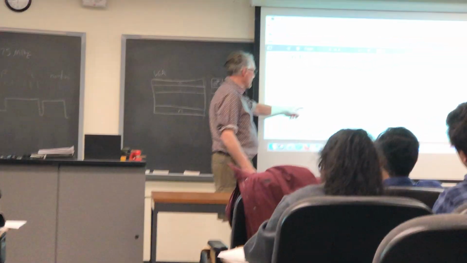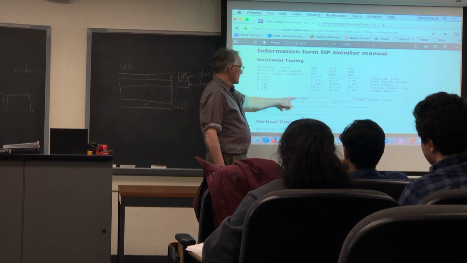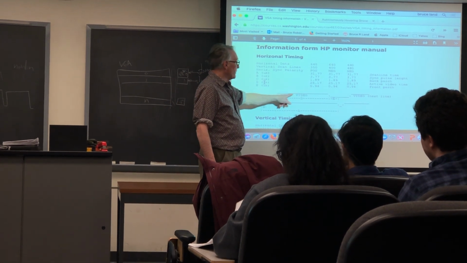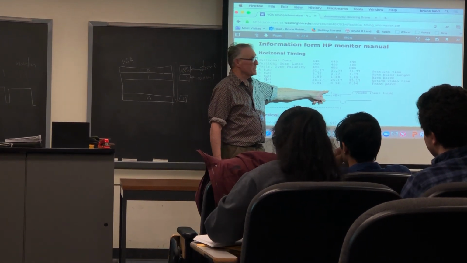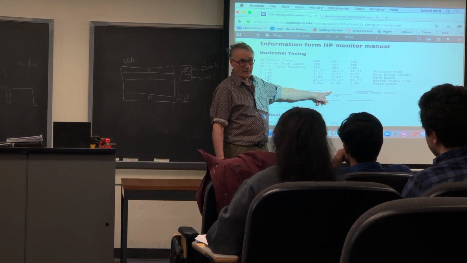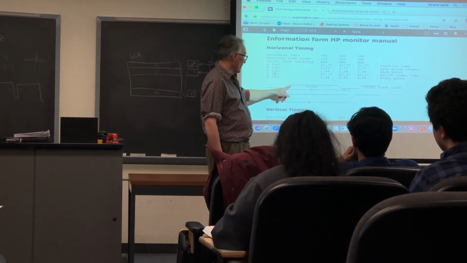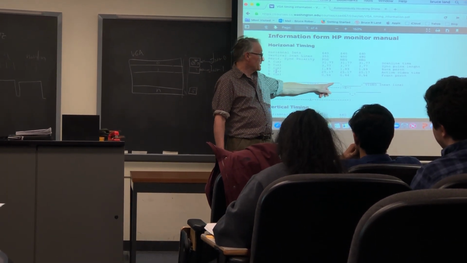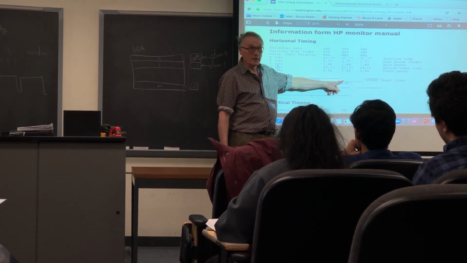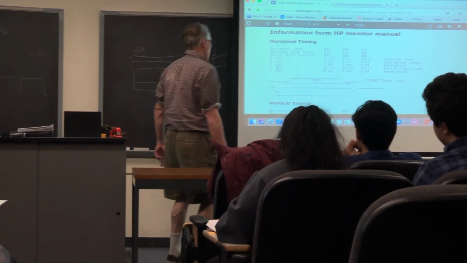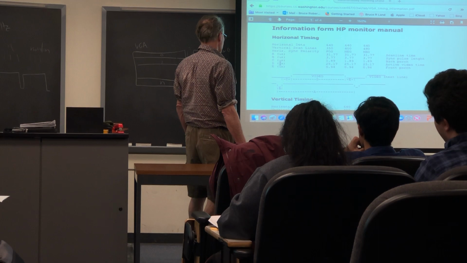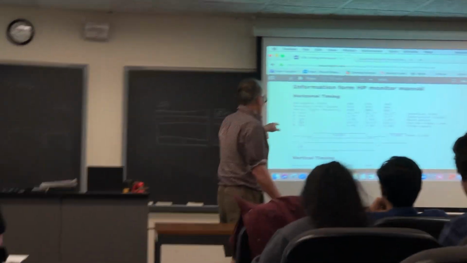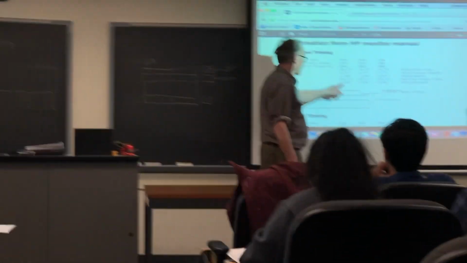But all the time the sync is high, you're required to do memory accesses because that represents one line of the display, and therefore must output 640 pixels during how many microseconds? 25 microseconds.